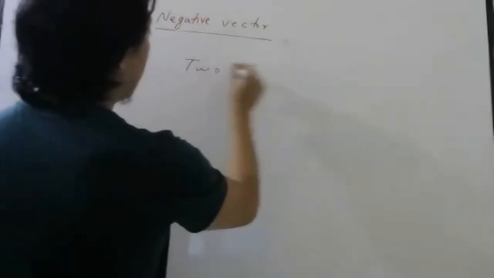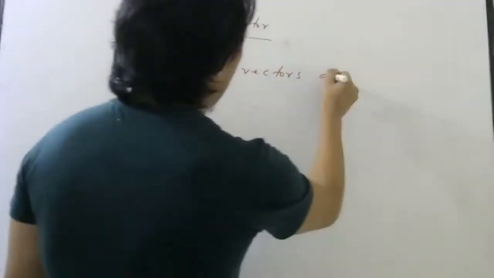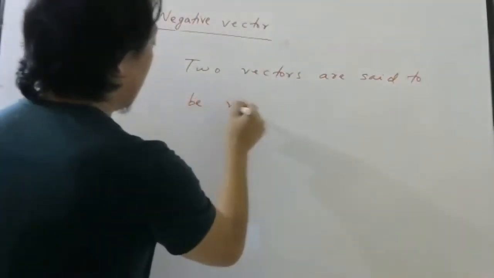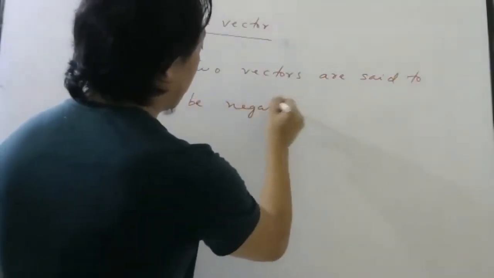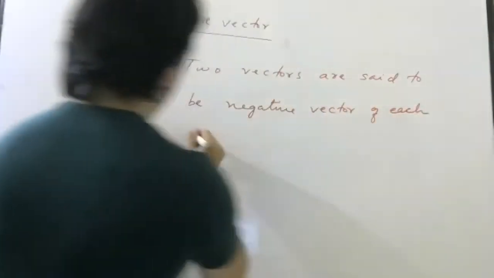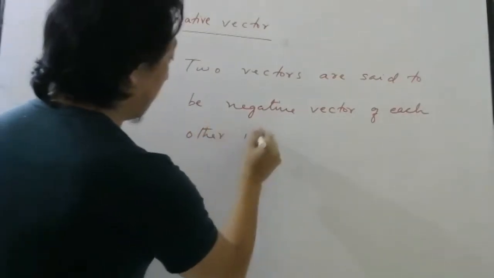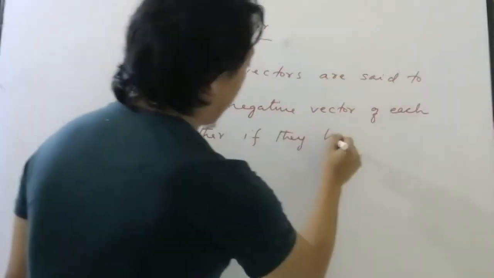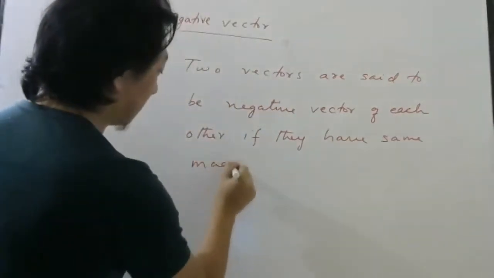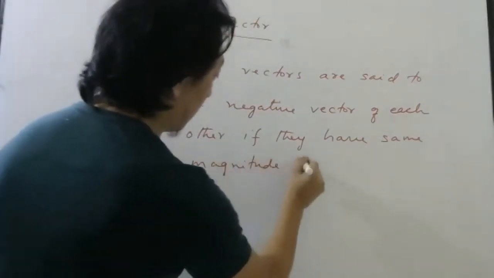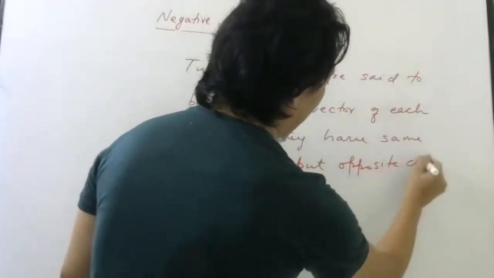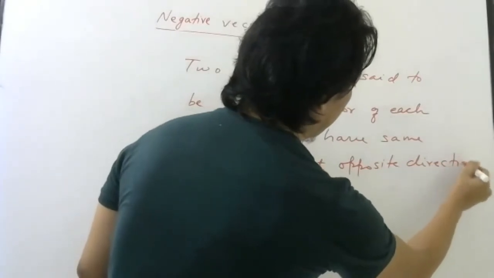Two vectors are said to be negative vectors of each other if they have same magnitude but opposite direction.